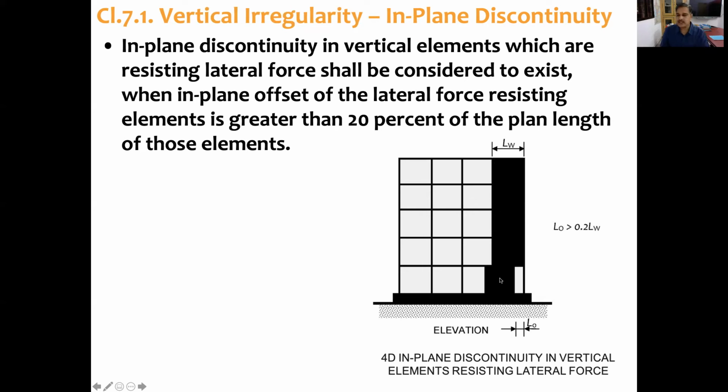If at the base there is an offset, it is encouraged not to have the offset. Even if an offset is present, it should not be more than 20% of the width or length of the wall, that is, the length of the vertical resisting element.